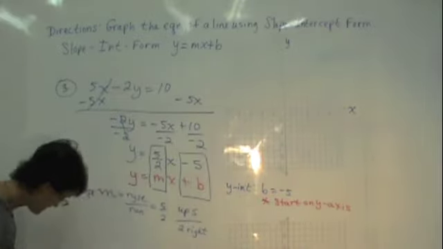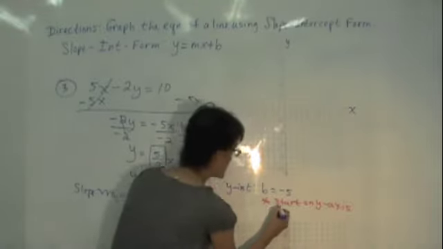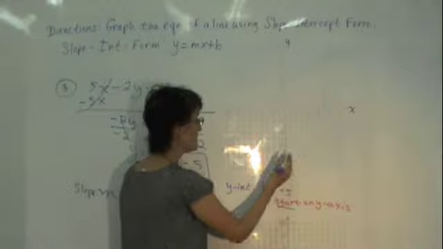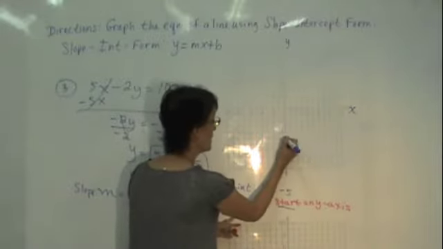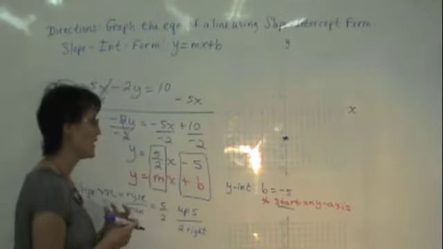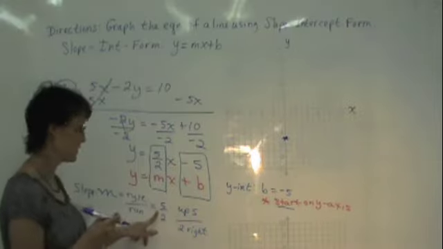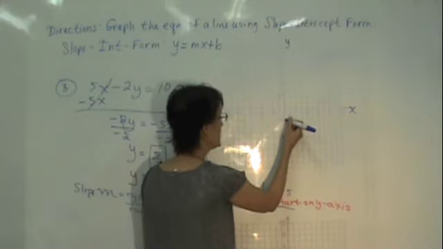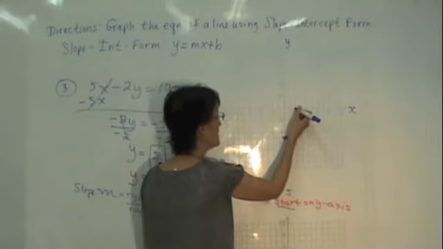Okay? All right? So again, we're going to do a star. That way you can see where you're going to begin. B is -5 this time, so make sure you are reading your signs correctly. So that would be -5, and then I'm going to go up 5 and 2 to the right. So 1, 2, 3, 4, 5, 1, 2, put a dot.